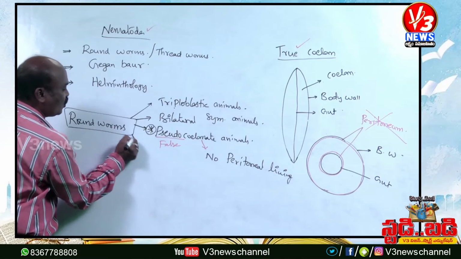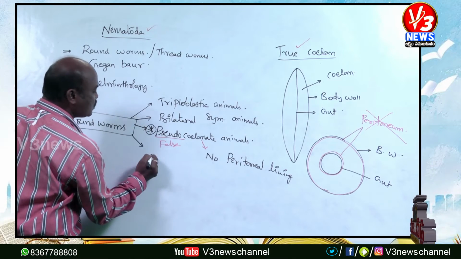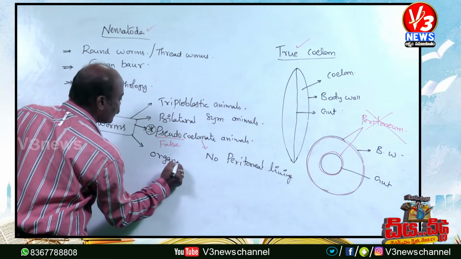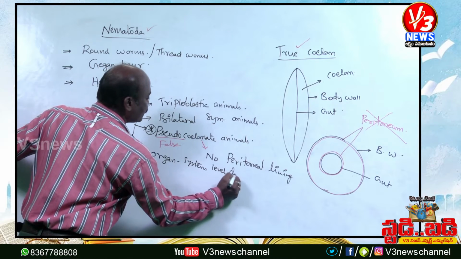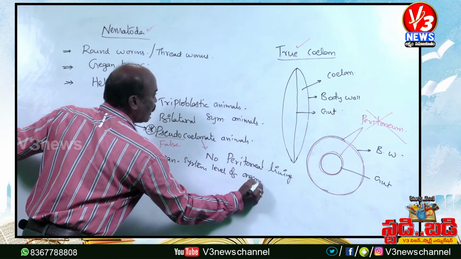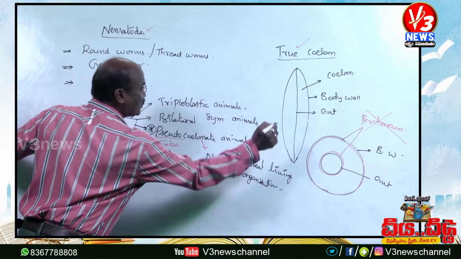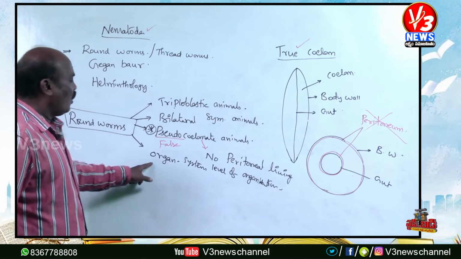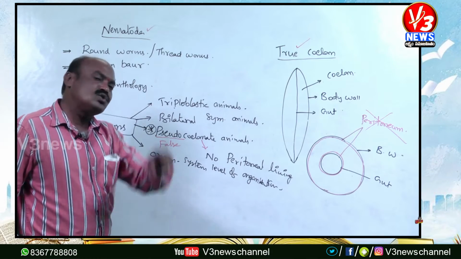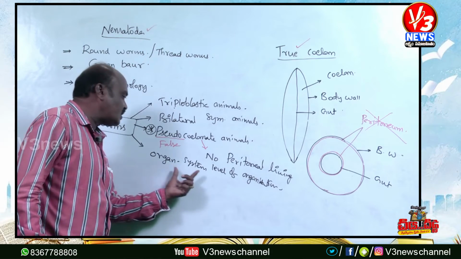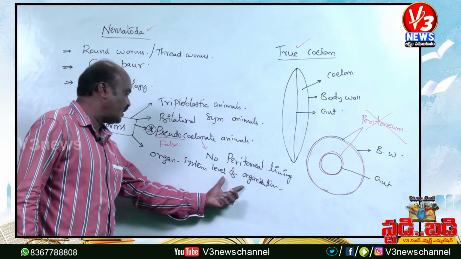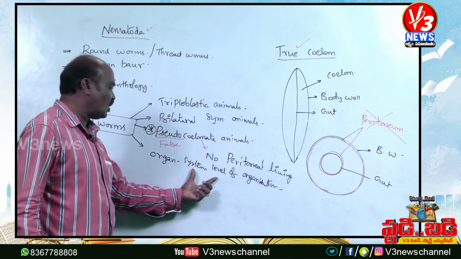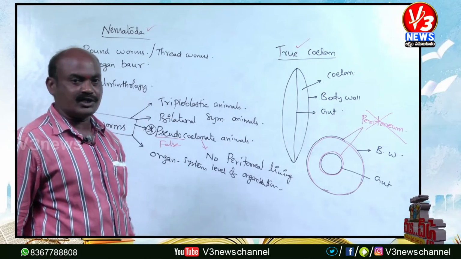And the roundworms exhibit organ system level of organization. From platyhelminths to echinodermata, all exhibit this advanced organ system level of organization.